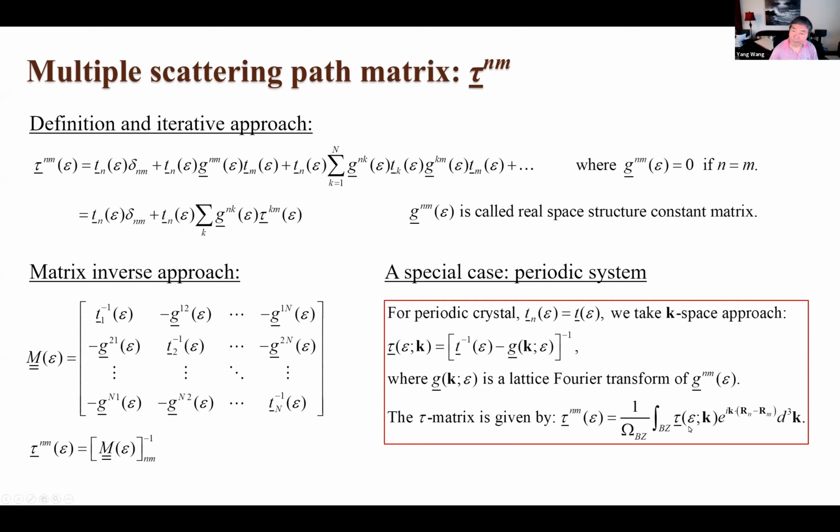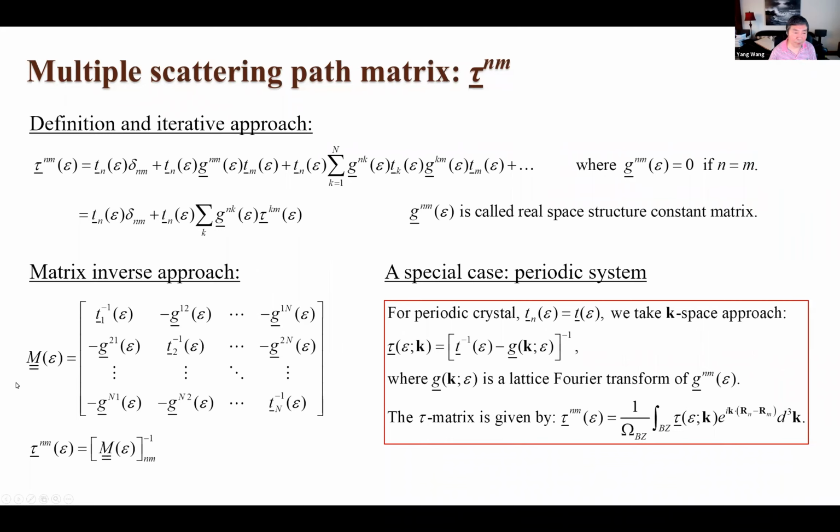So that is, if your system has periodicity, you can calculate the tau matrix using this formula. It's much more convenient, given that space is filled up with an infinite number of scattering centers, but it's periodic. So this is a more convenient approach to calculate tau NM.